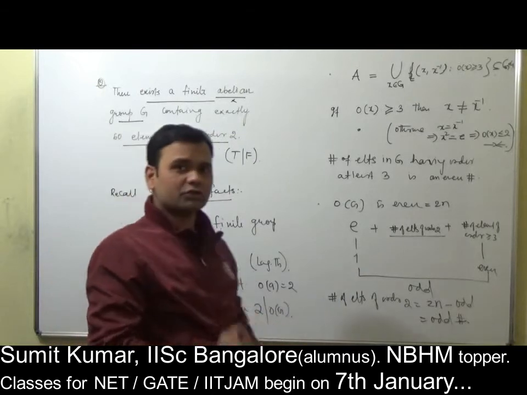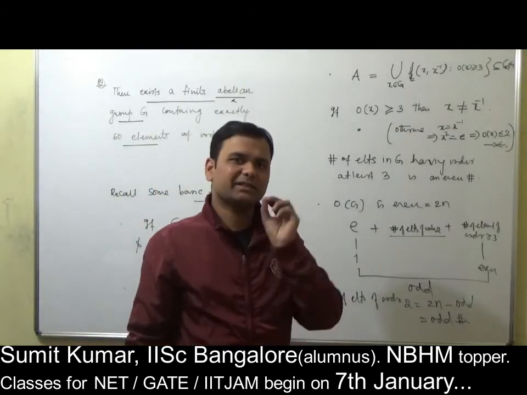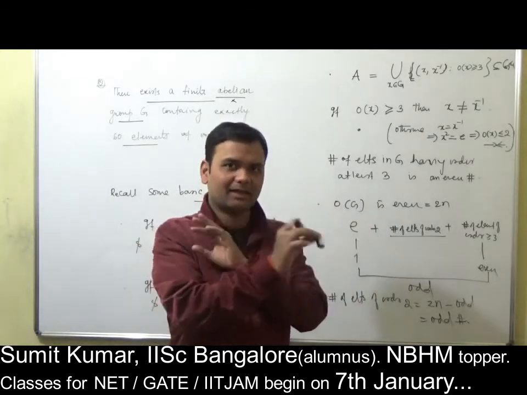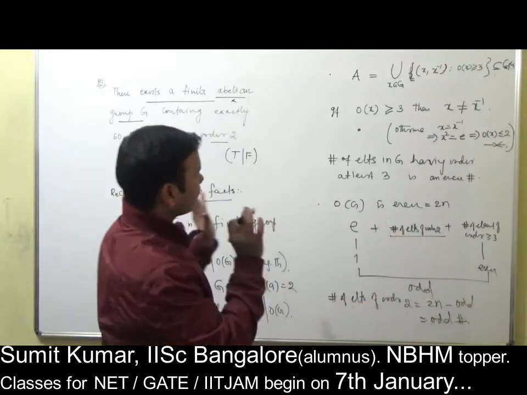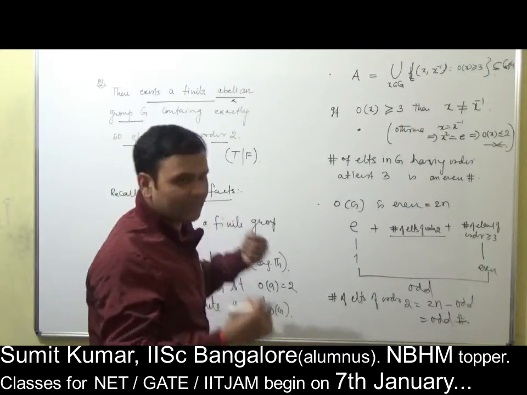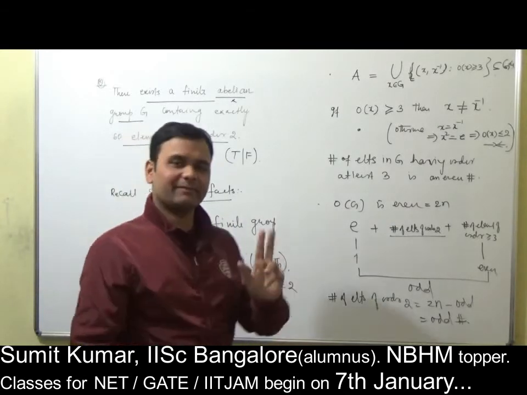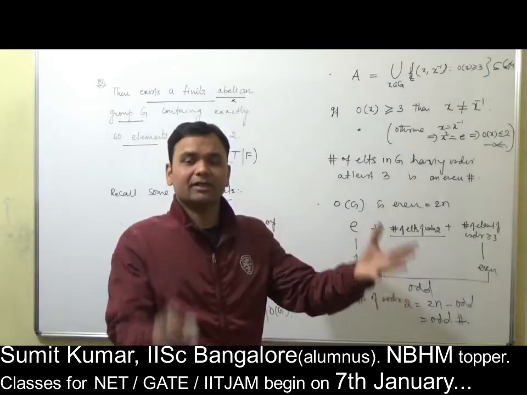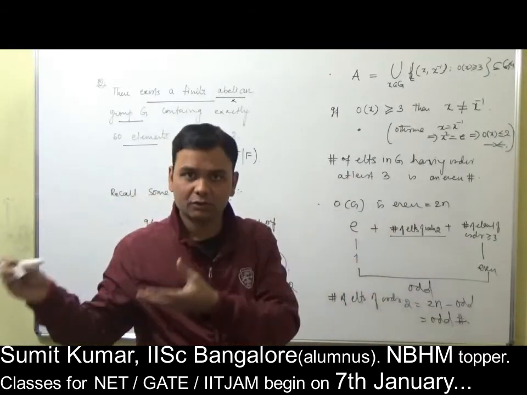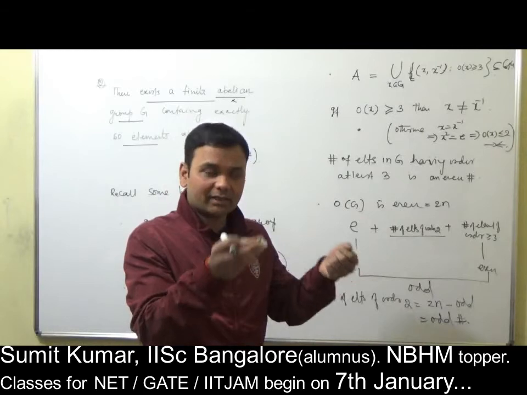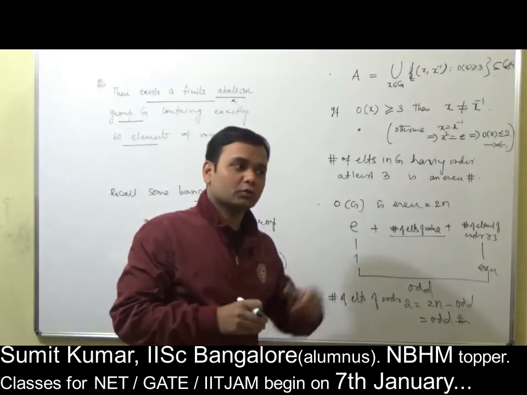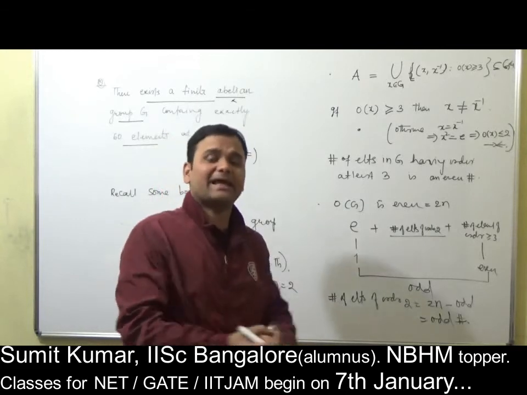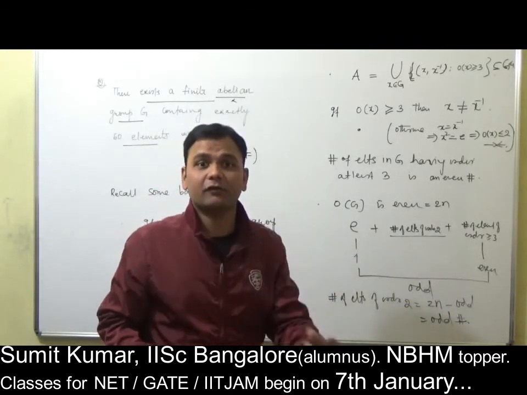I have not used any technical term like G is an abelian group, cyclic group, nothing. Just a finite group. You give me a finite group, and if it is of odd order, the number of elements of order 2 is 0. If the group is of even order, the number of elements of order 2 is always odd. So there will be at least one element of order 2.